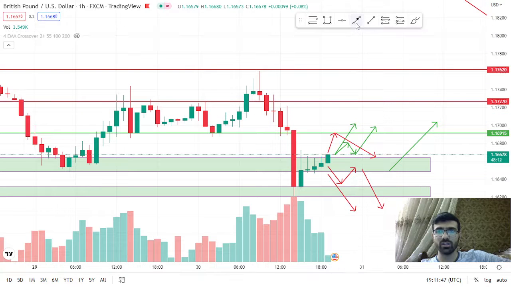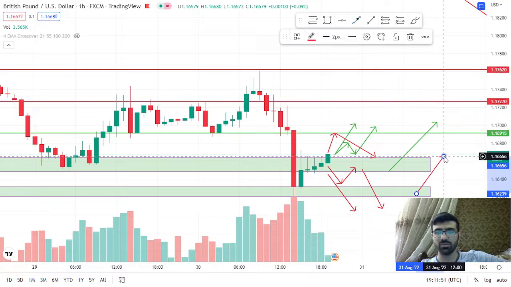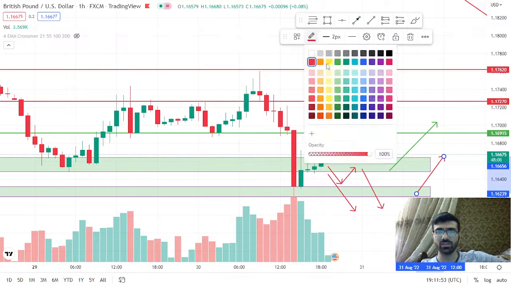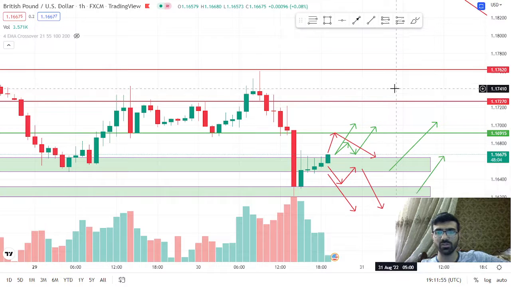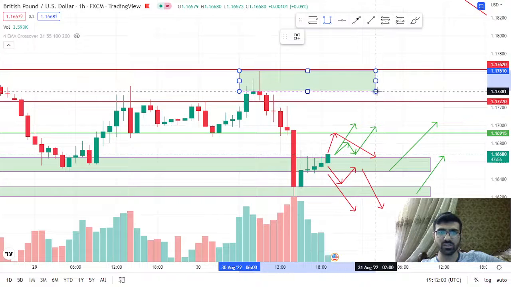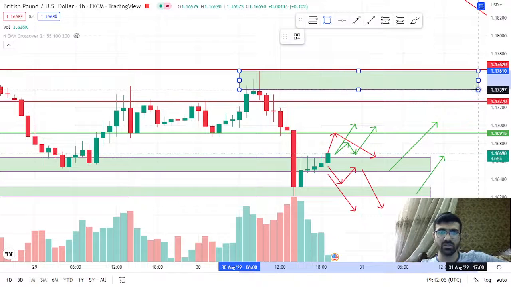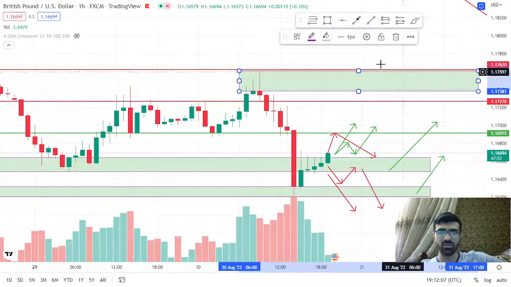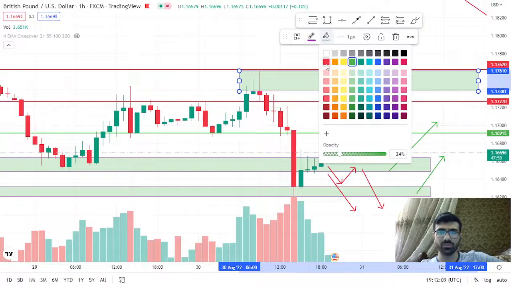Okay, and another buying opportunity might come from this area if the market respects this area tomorrow as well. And if at any given point the market decides to test this area, then definitely we are going to look for a good selling opportunity from here.